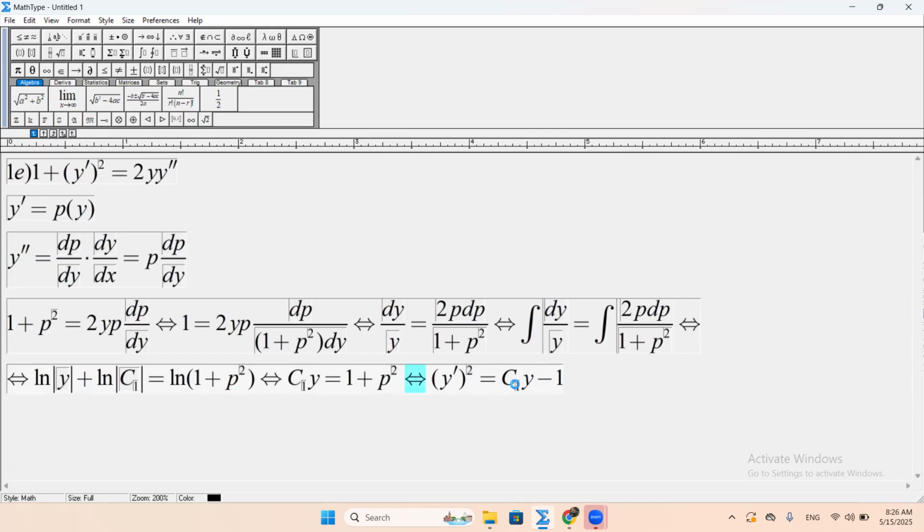So now we will integrate this expression, but first of all, we need to extract the explicit expression for y prime. So y prime will be equal plus minus the square root of this expression.